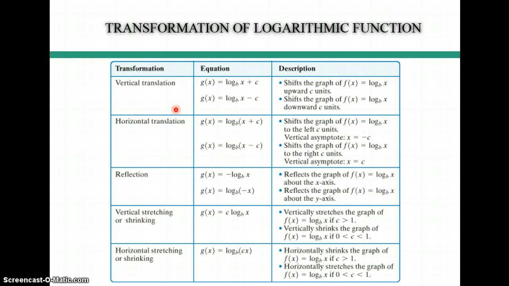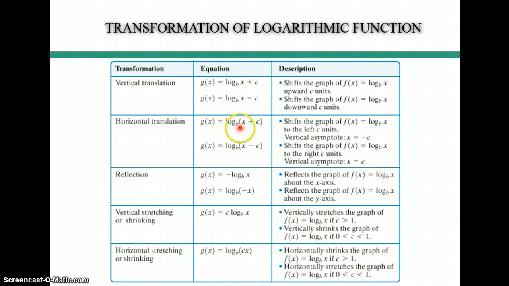Transformation of logarithmic function. Vertical translation: log base b of x plus c, the graph goes upward c unit. Log base b of x minus c, the graph goes downward c unit.